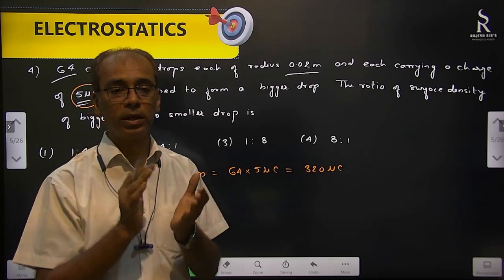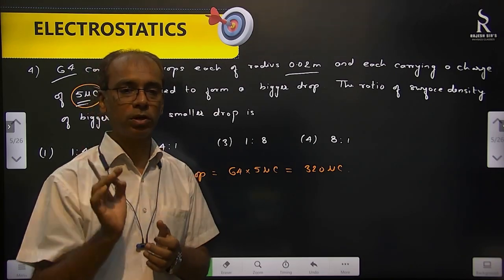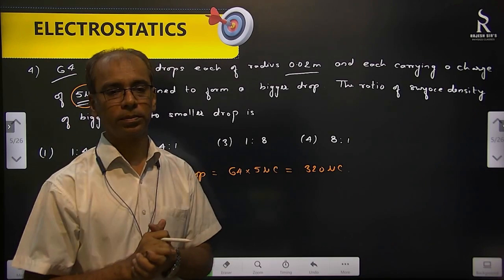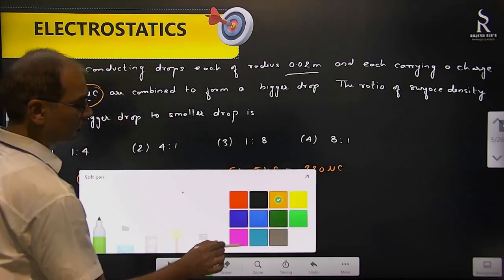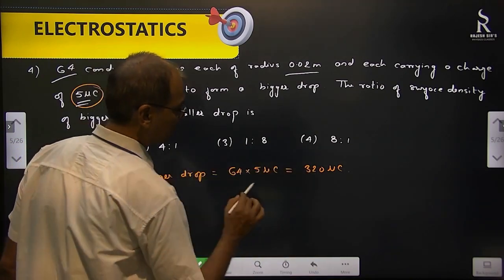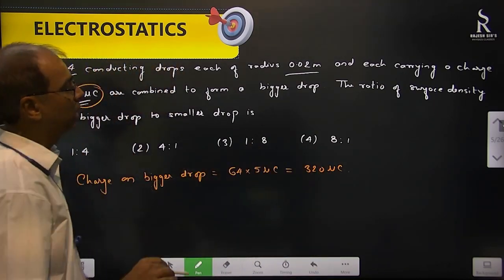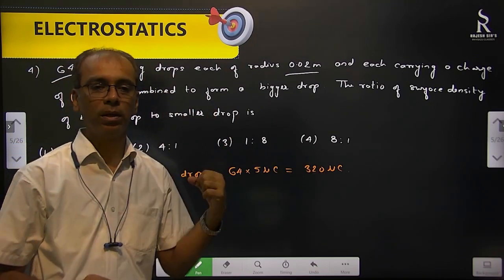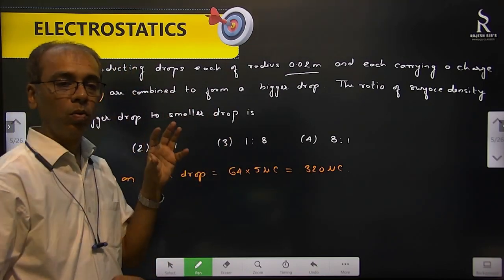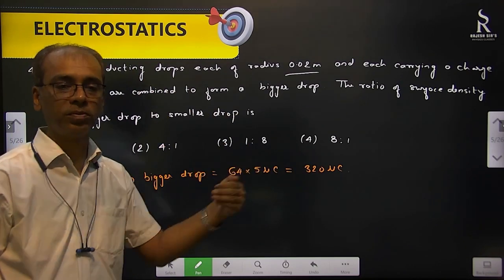So volume of bigger drop is equal to 64 times volume of smaller drop. That is the only clue. One main point you have already done, the charge. The charge combination of 64 is equal to the charge on the bigger one.